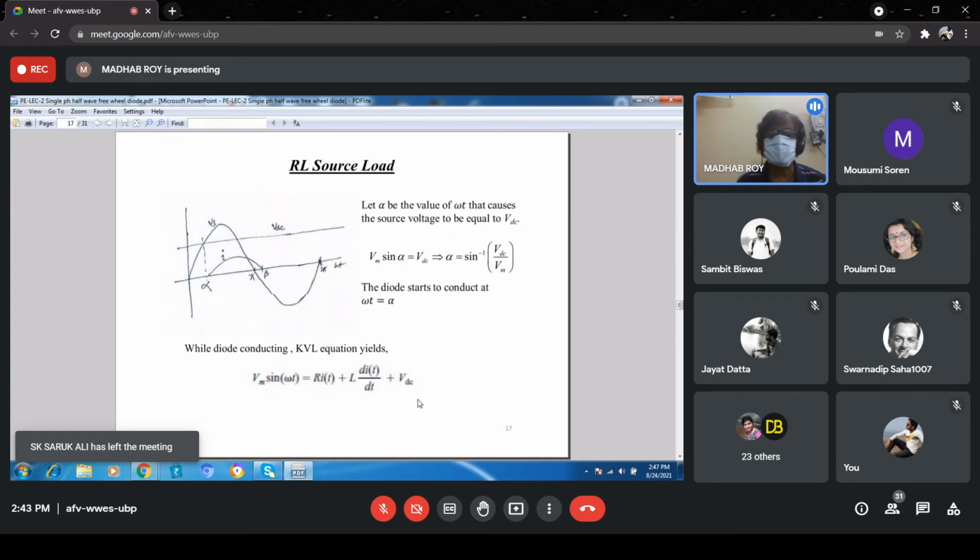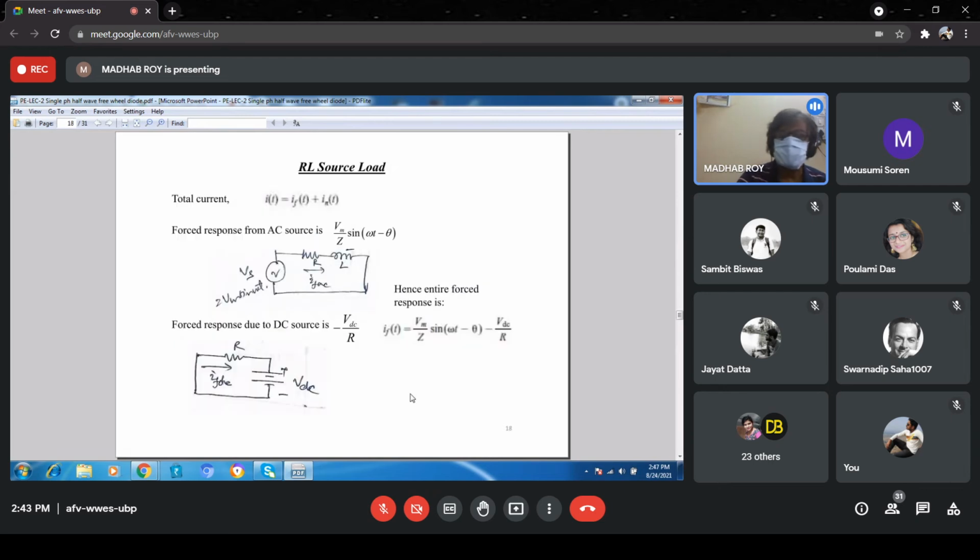So in that case, the KVL is like this: the source voltage will be equal to these voltages. So this is the equation. And again, the solution can be found this way. Again we can obtain it in a similar way, the forced response and the natural response.